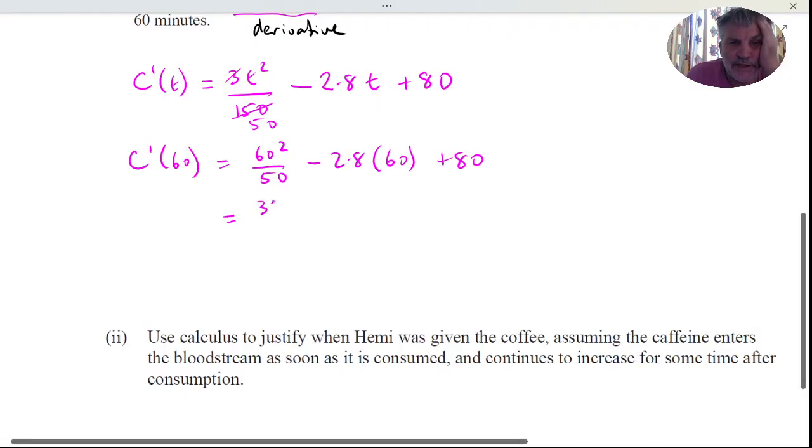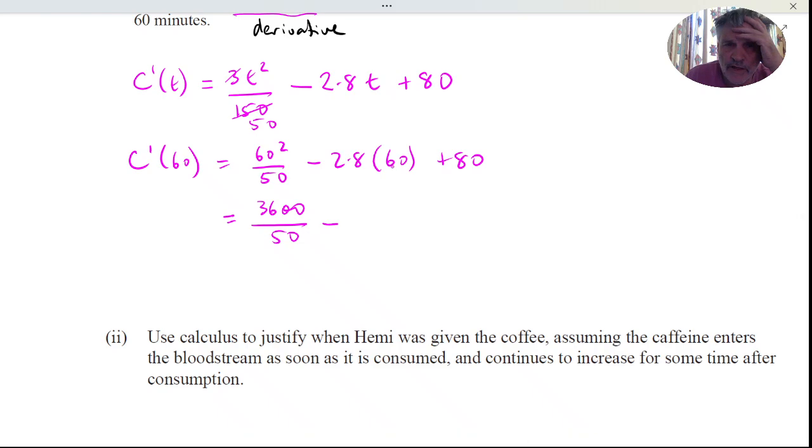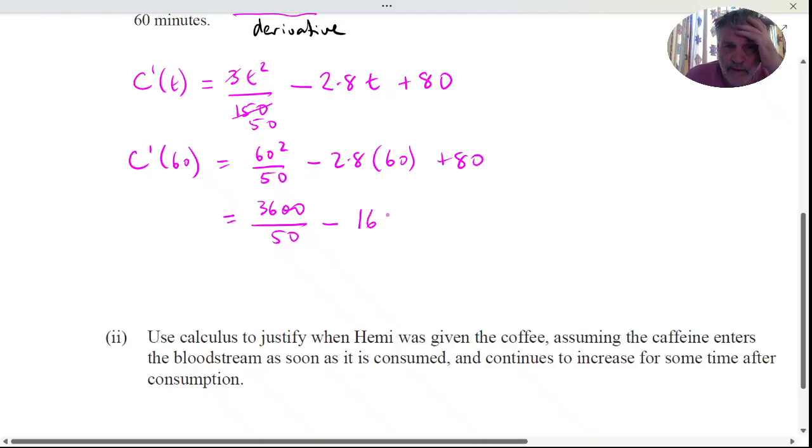This is 3600 divided by 50 minus 2.8 times 60, times 10 is 2.8 times 6. 6 2's are 12, 6 8's are 48. It looks like 168 to me. Plus 80.